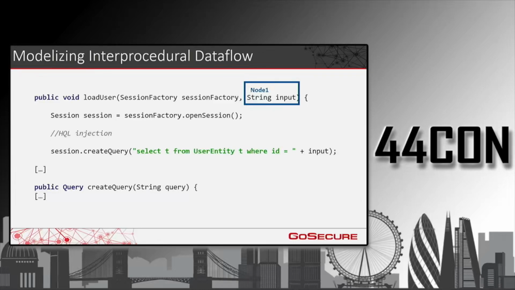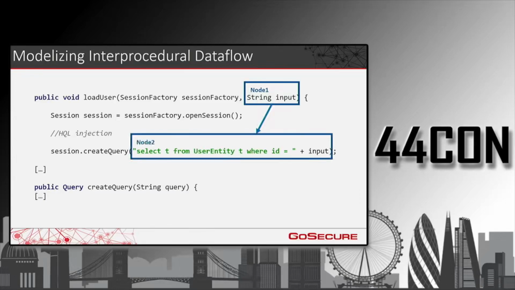So the first node we're creating is node 1, which will be the parameter input, and will be linked with the parameter of index 0 of createQuery. So even though there's still concatenation, and it might have some intermediary state, we're only going to track the output, which is the method call that is sensitive, and it's linked with where it came from.